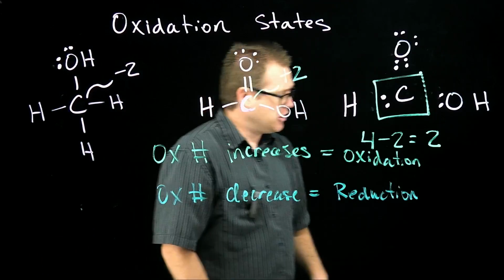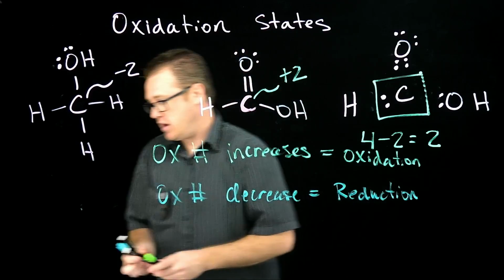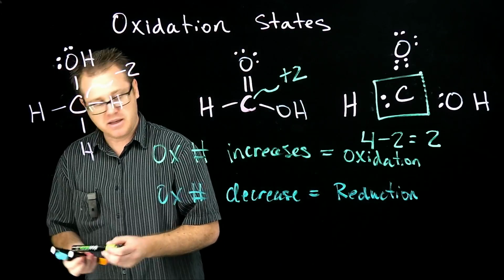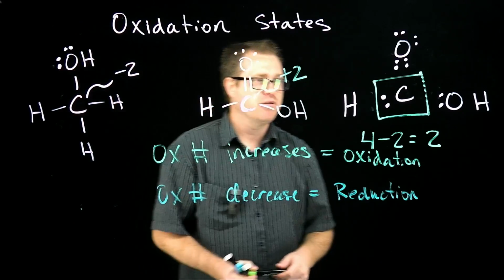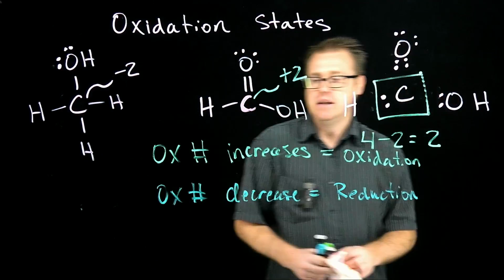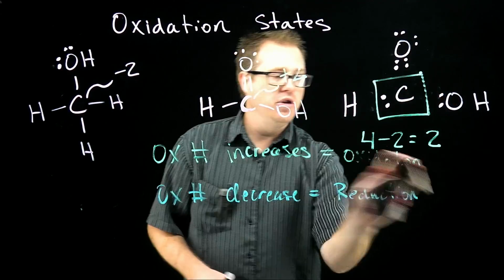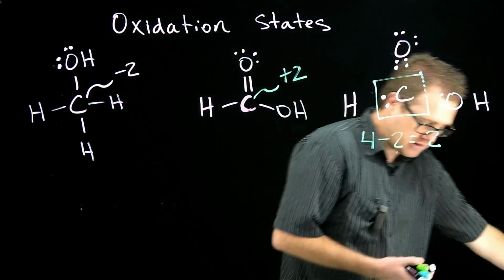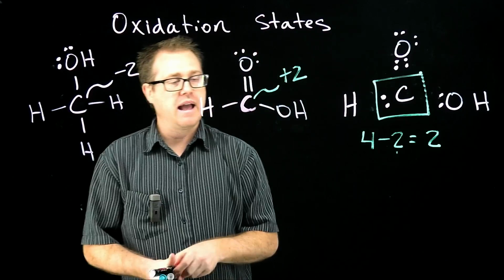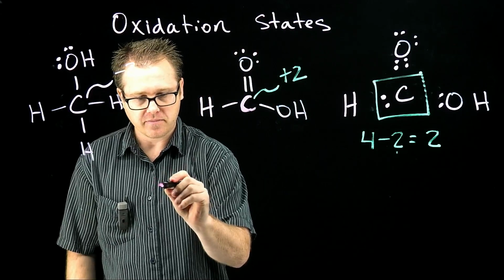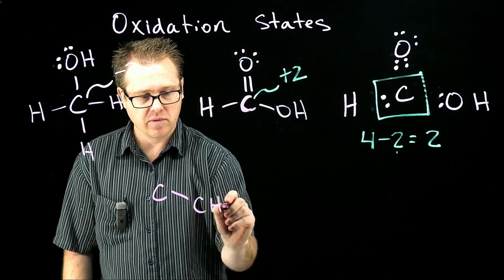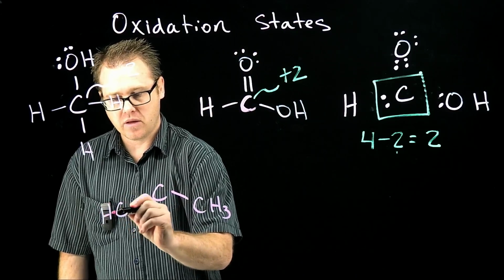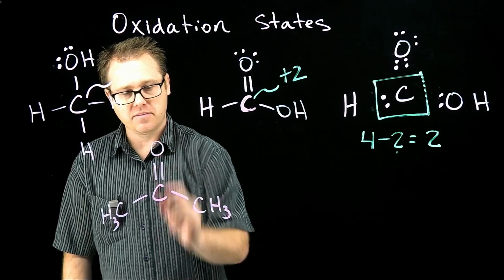So let's take a look at just one other example, another situation that you might encounter. And that is when you have other carbons attached. So let's take a look at a ketone like this.